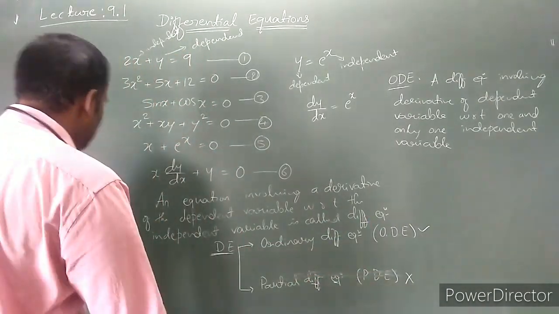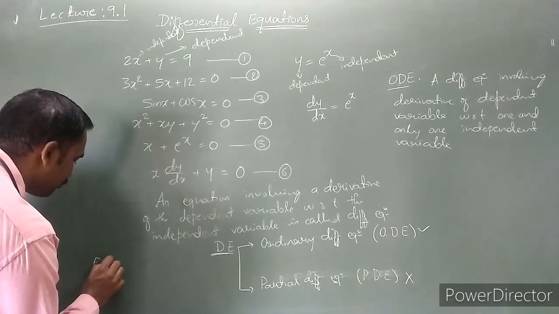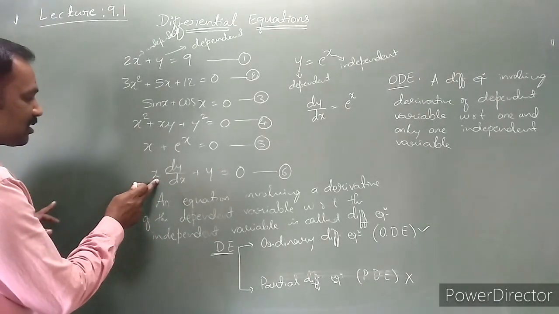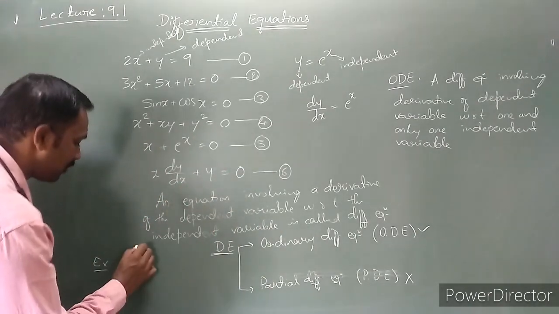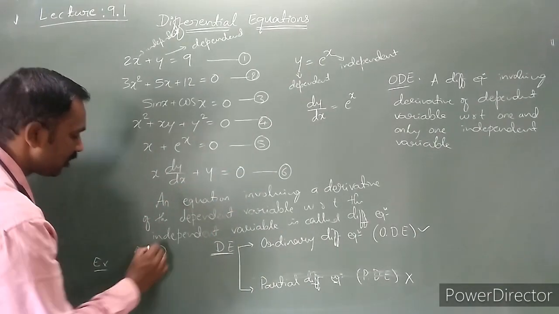Okay, we can take examples. The first example: x into dy by dx plus 5 is equal to 0. This is equation number 6.